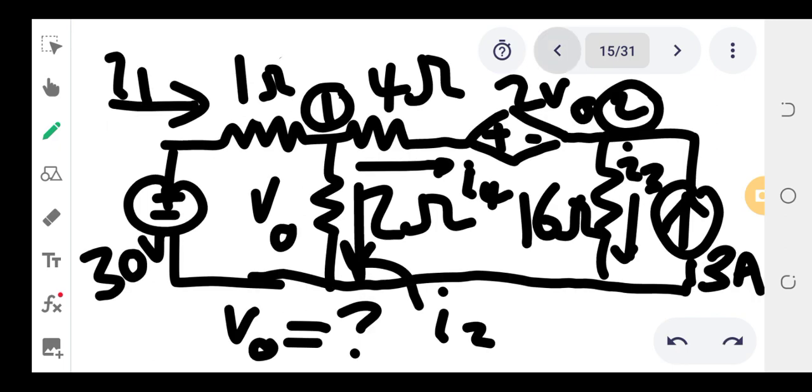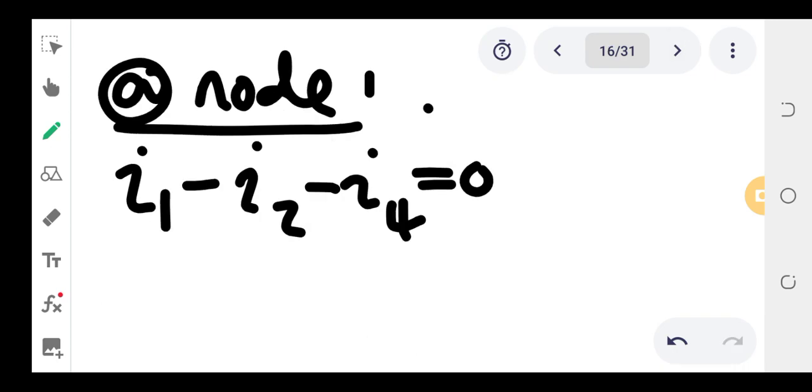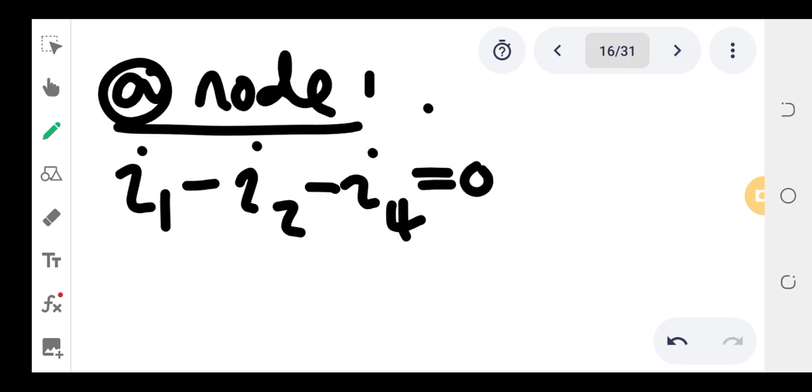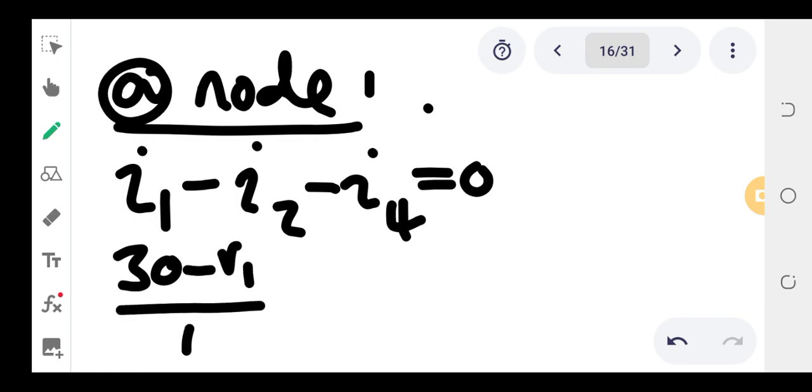So now, having Kirchhoff's current law, my I1 is given by, since we know that current flows from the region of high potential to the region of low potential, replacing there, we get (30 minus V1) divided by the resistance, which is 1, minus I2.